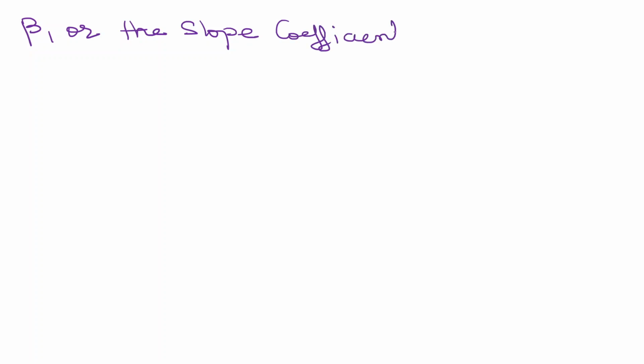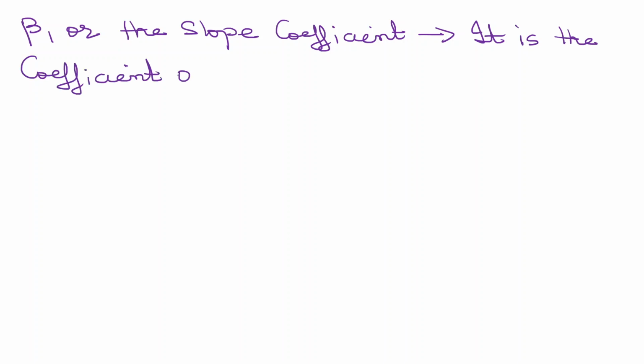Okay, so in general, you can write that beta 1, or the slope coefficient, is the coefficient on an independent variable.